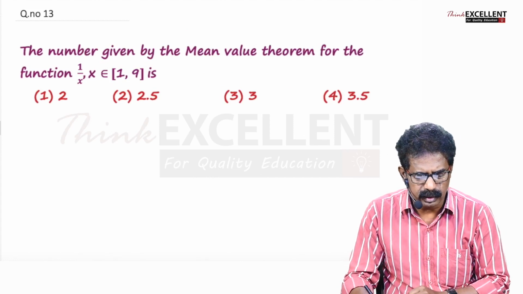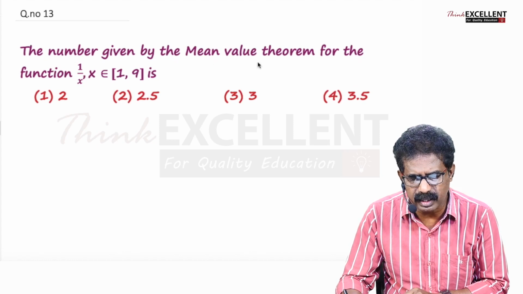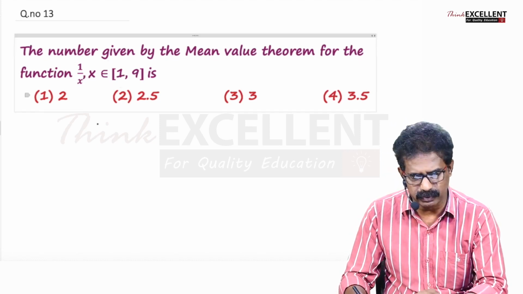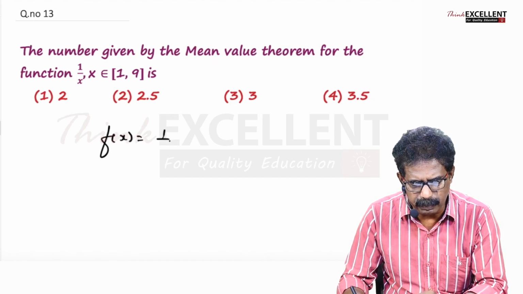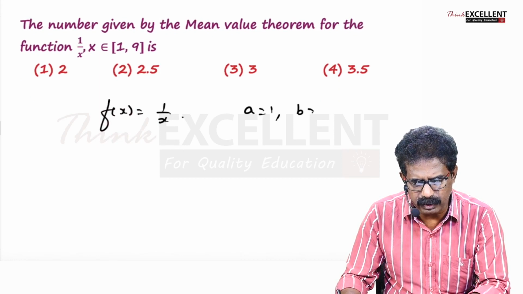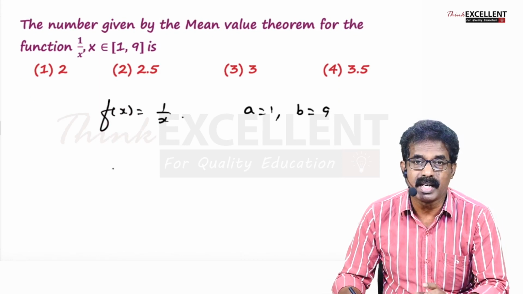Now listen to the 13th question. The number given by the mean value theorem for the function 1 by x, x belongs to 1, 9. Again you find the c value. Here f of x is 1 by x. So a value 1 and b value 9. In Rolle's theorem f dash c is 0, right?